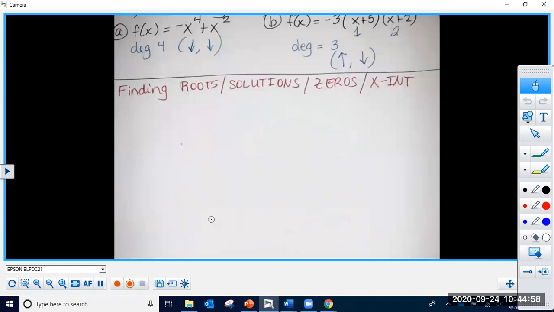Good, you have to set y equal to 0. If you're on the x-axis, your y is equal to 0. So just like when you solve a quadratic equation, you're finding the roots because you have to set it equal to 0 to solve. And what you're essentially doing is just finding the x-intercept.